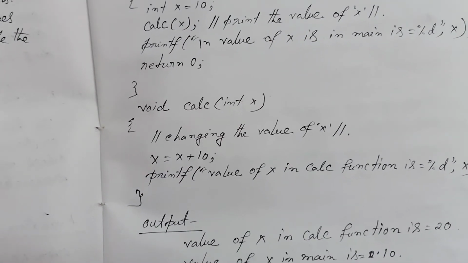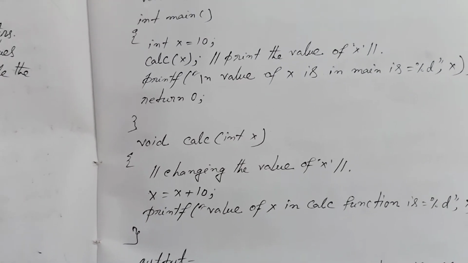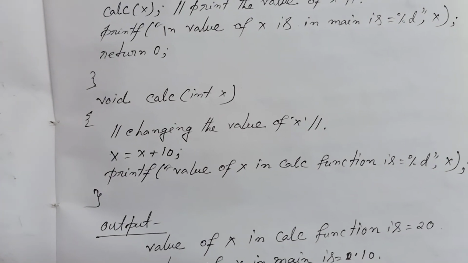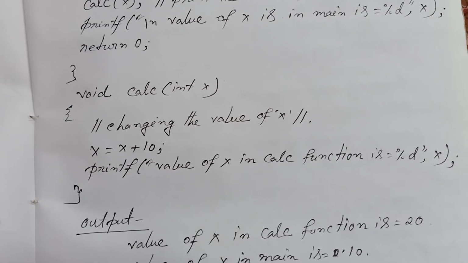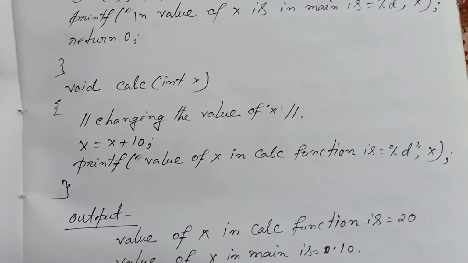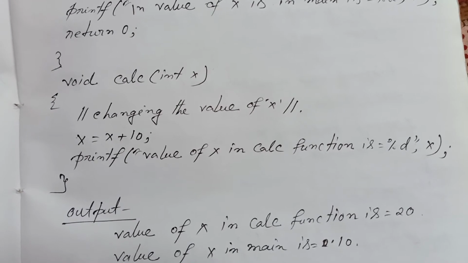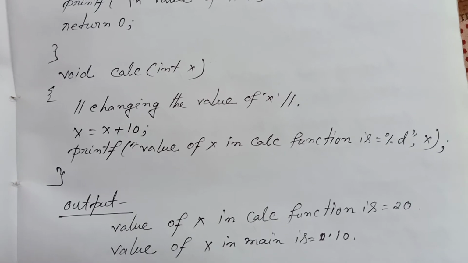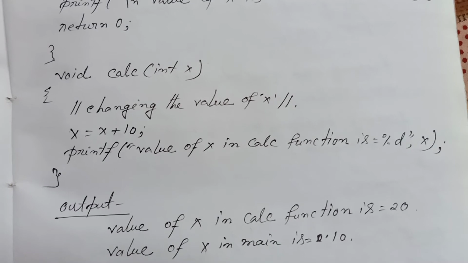Now define the user defined function void calc int x, and start the definition: x equal to x plus 10. Here we are changing the value of x. Within printf we display the value of x: value of x in calc function is equal to %d, quotation complete, after a comma x.